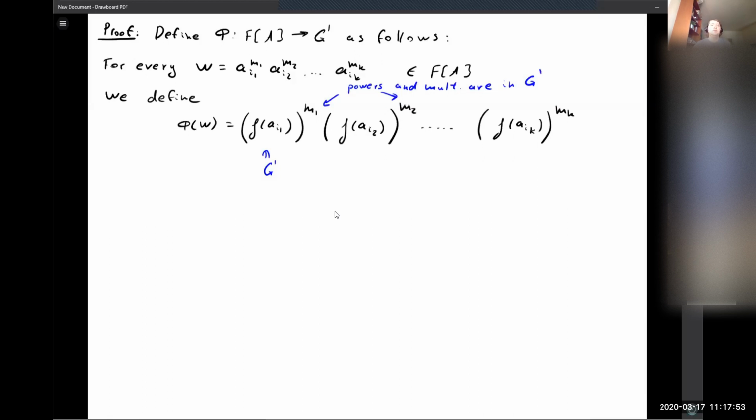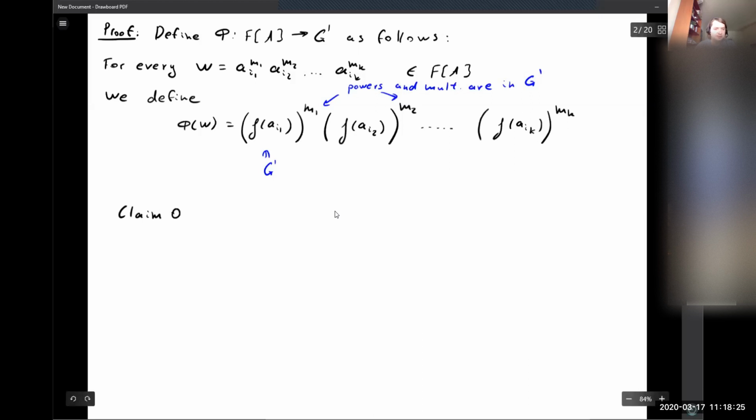So this is the way we define the function from the free group with alphabet A to G prime. And now we will prove 3 claims about it. Well, actually, so the first 2 claims deal with existence of the homomorphism. Basically, the first 2 claims will deal with the fact that this map is well defined on a free group, and it is a homomorphism.